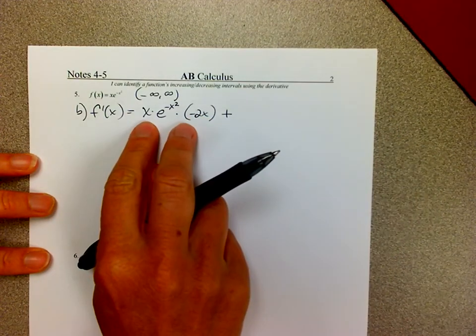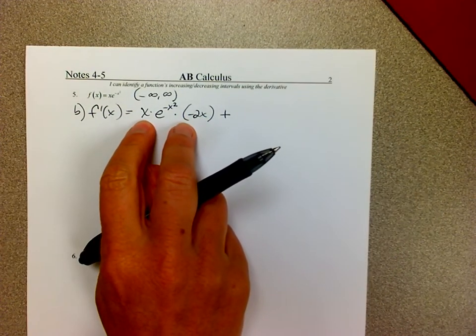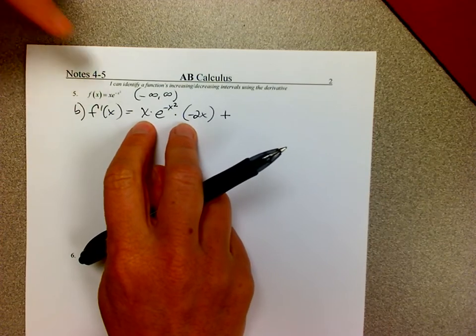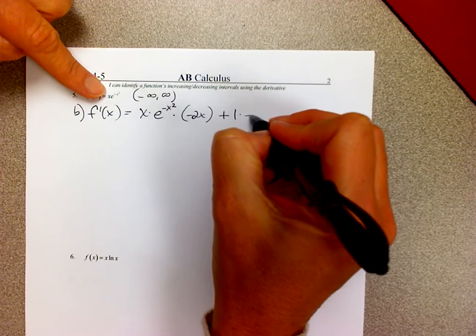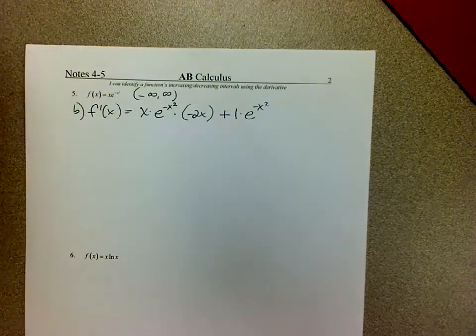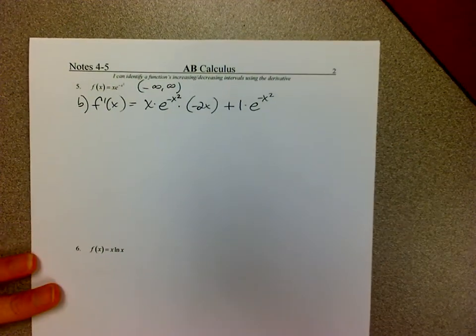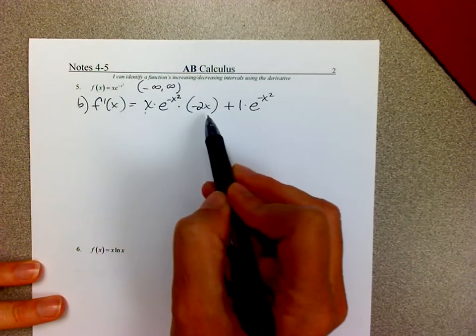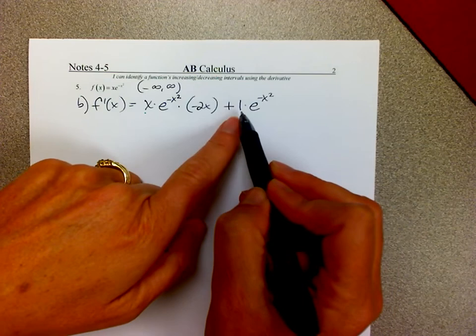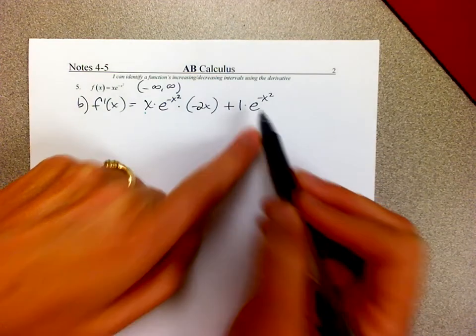Plus, because that's the first part of our product rule, now I'm going to take the derivative of x, which will be 1, and then multiply that by e to the negative x squared.